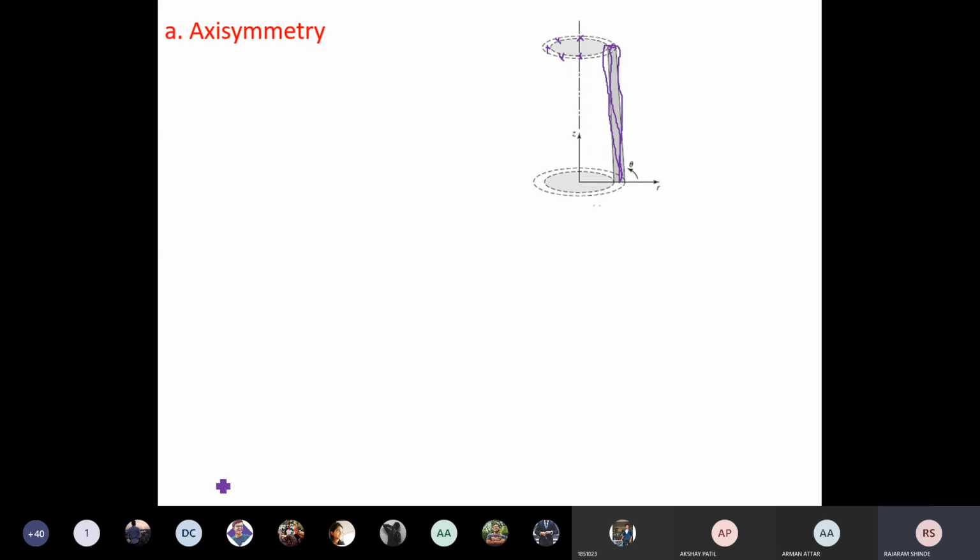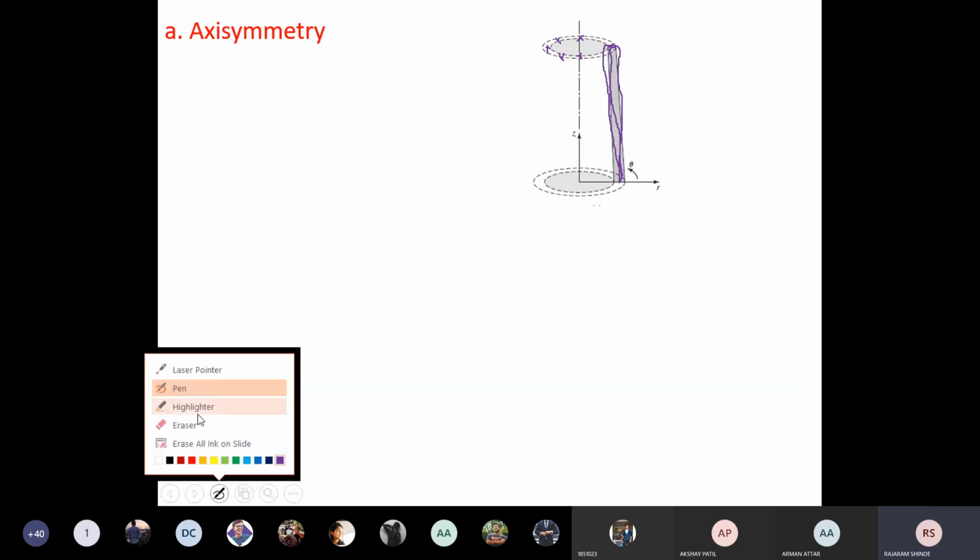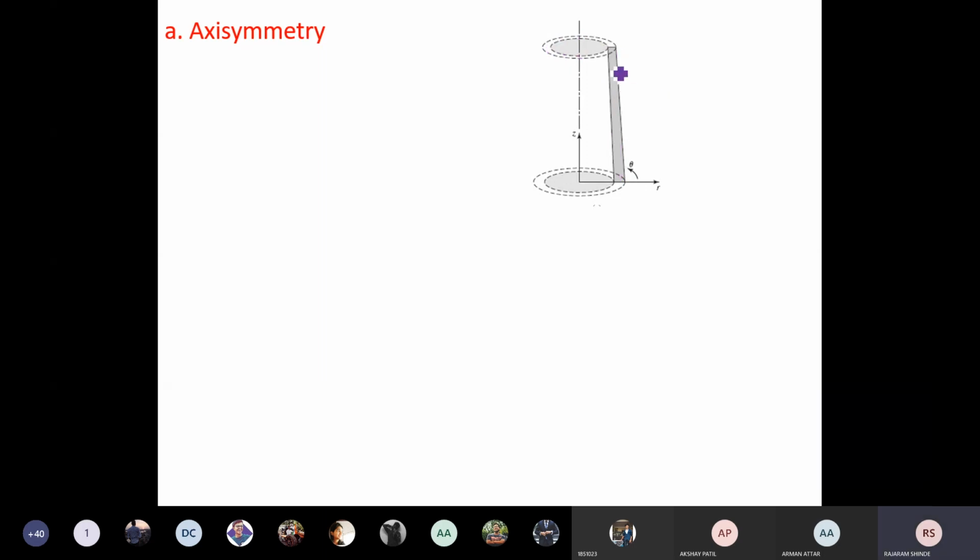You can convert that geometry into 2-dimensional. And you can mesh only this part, and you can solve the equations on this part only. That will be sufficient for analysis of the axisymmetric problem. You see this.